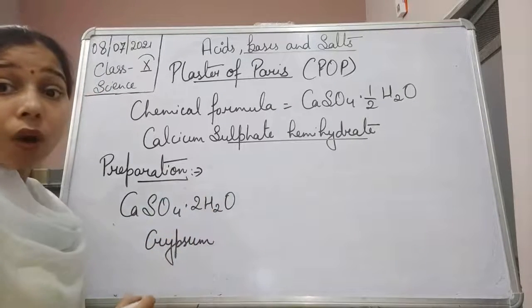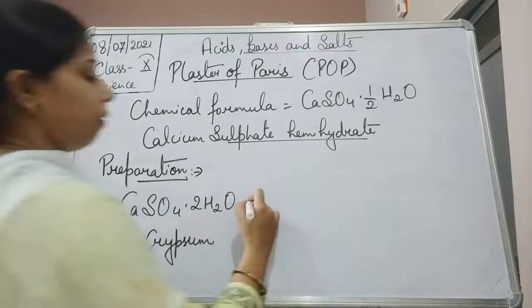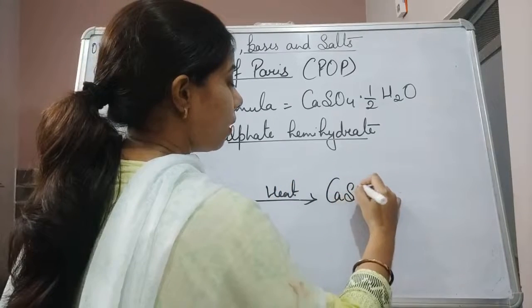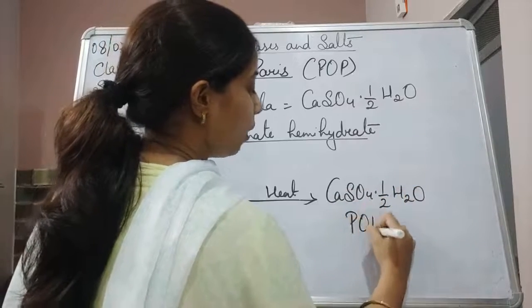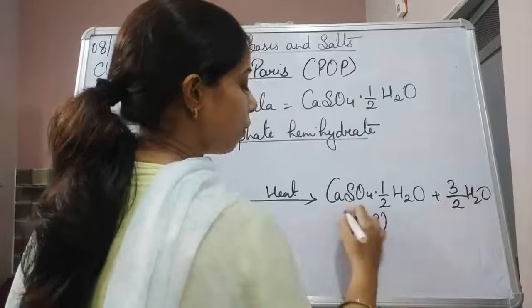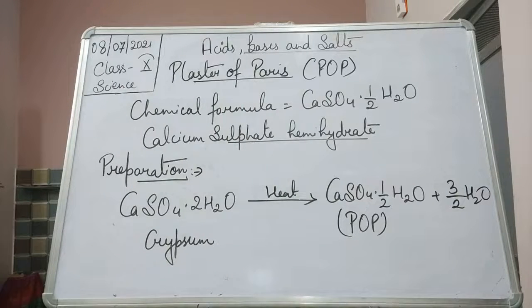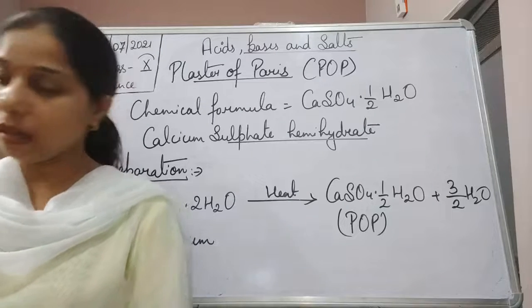This gypsum, when we heat it, forms calcium sulfate hemihydrate, which is POP, and 3/2 molecule of H2O is released. This is how the formation of calcium sulfate hemihydrate occurs. So this is the preparation of calcium sulfate hemihydrate.